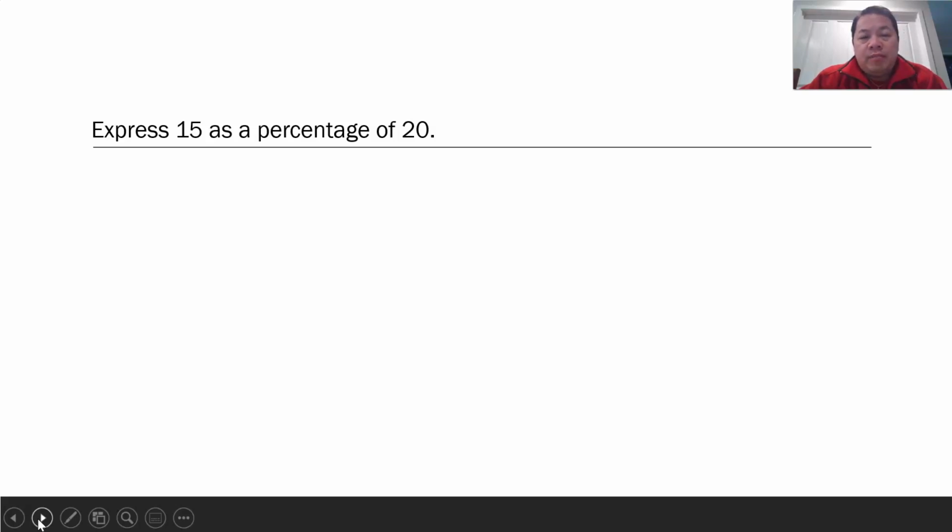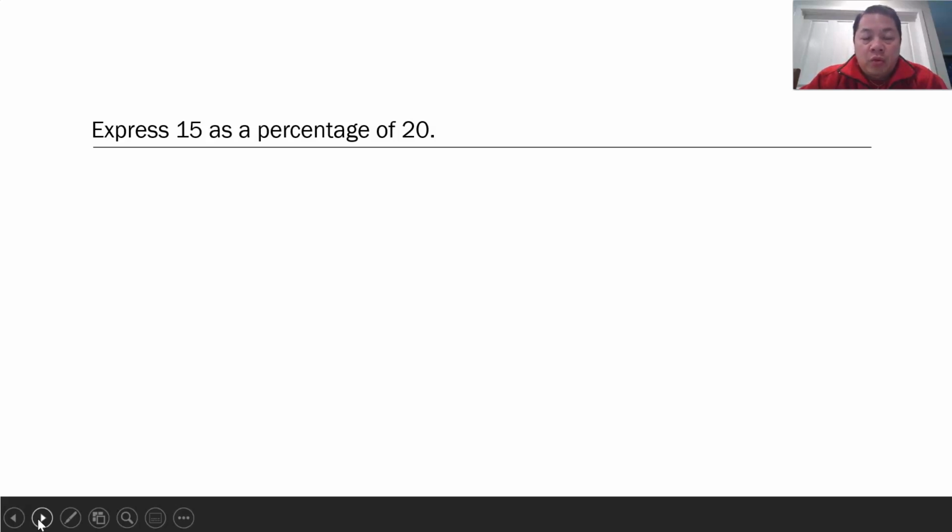So 20 is actually the base of the question, just like if I need to find out the percentage of students in the class who are wearing glasses. There are 28 students in the class and 15 of you are wearing glasses. In order for me to find the percentage of students who are wearing glasses, it will be 15 out of 28, and 28 is the base in the question.